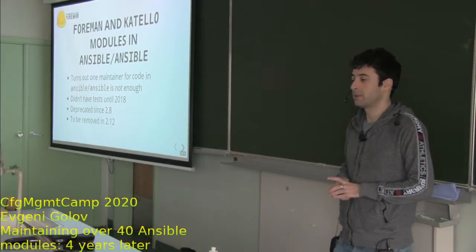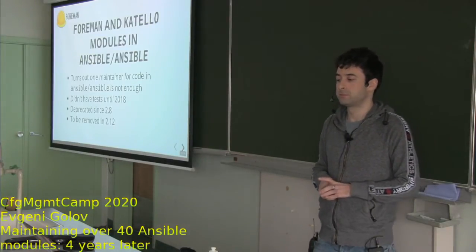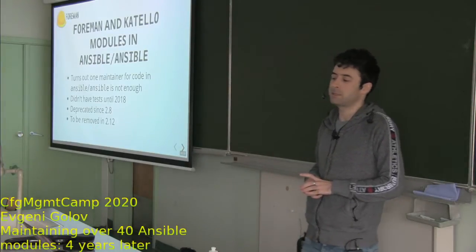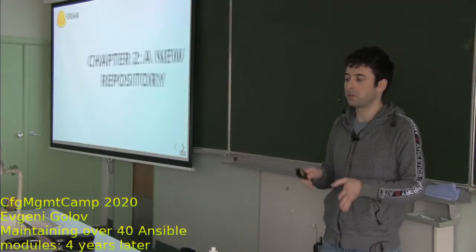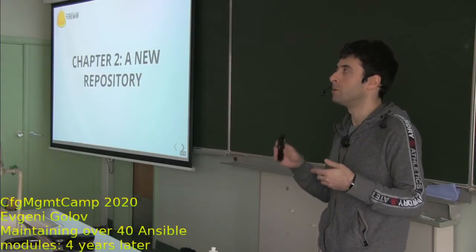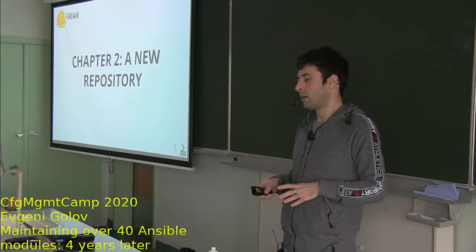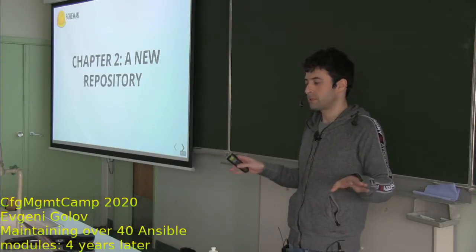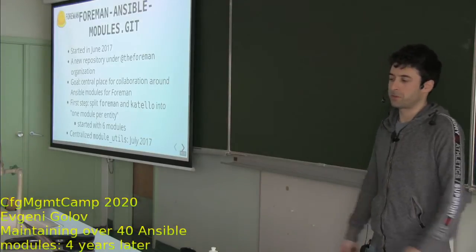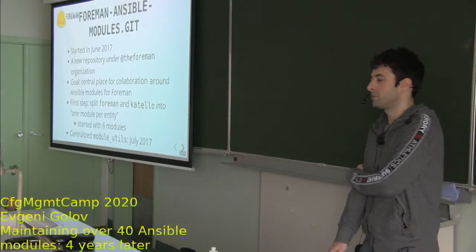We realized that rather quickly and thought, nope, let's do it differently. Let's start our own repository under our own control, and let's start anew. So fast forward to June 2017, we started a new repository.